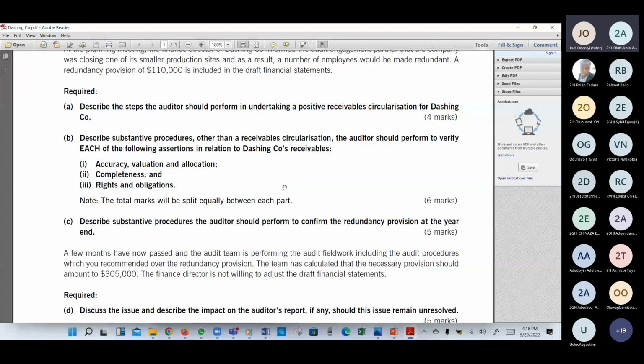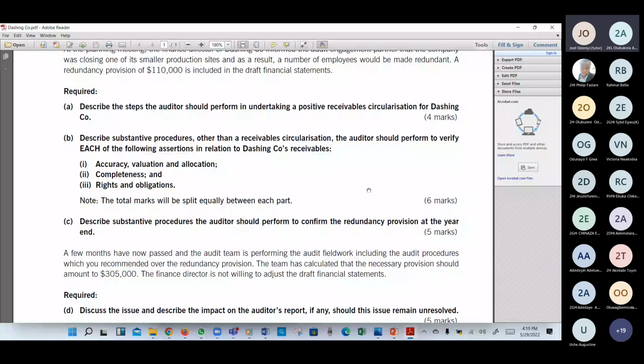So, describe the steps. Some might find this tricky, but if you've been practicing, it should be easy for you. Essentially, what are the steps you take as an auditor if you want to carry out a positive receivable circularization?